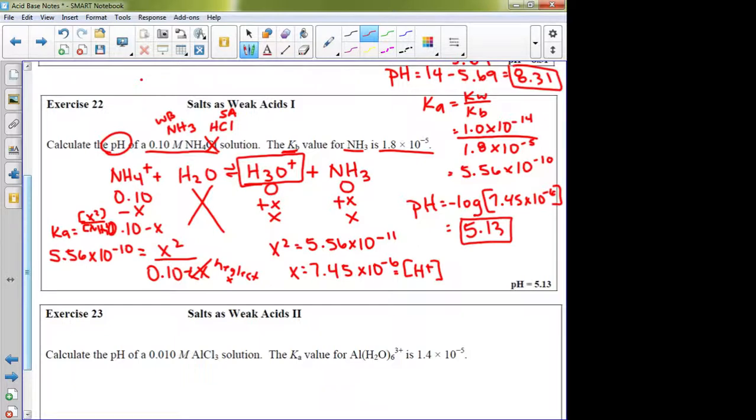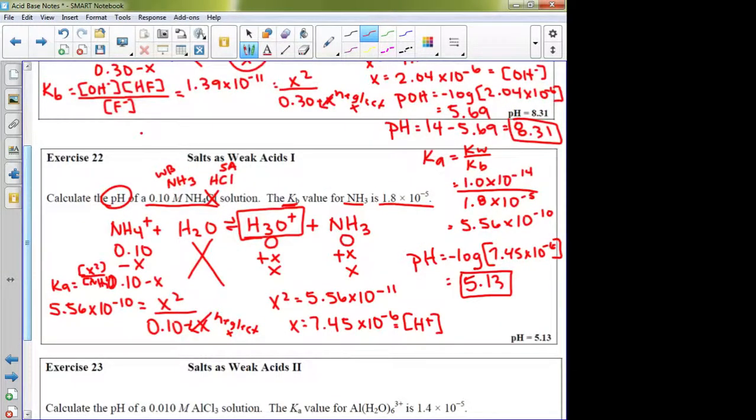Earlier we had to do 14 minus that because we found the pOH. This time I went directly to pH because I already had my concentration of hydrogen. Everybody see it? Everybody got it.